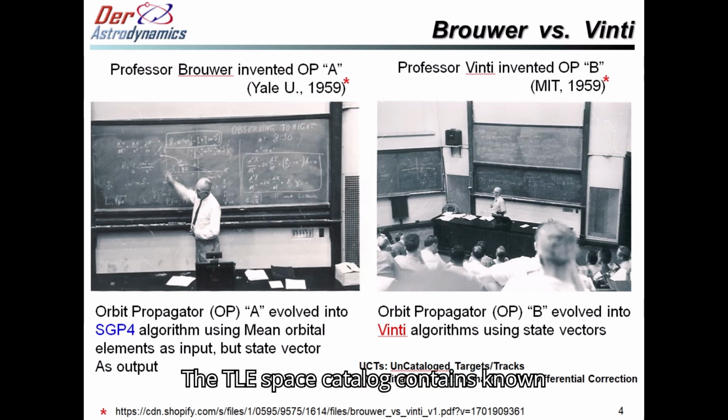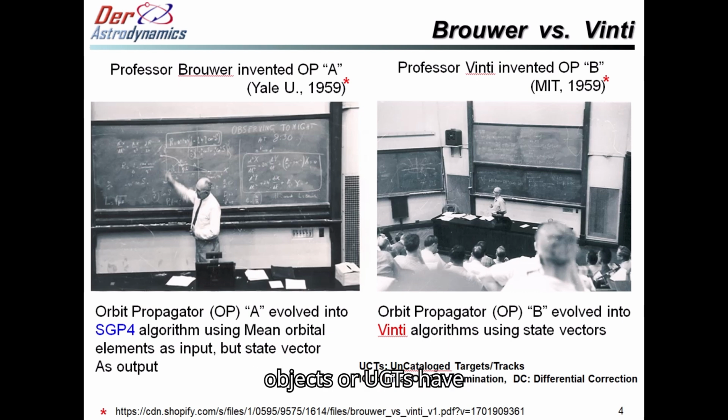The TLE space catalog contains known objects with mean orbital elements in the TLE. Therefore, the combination of TLE HB4 can only process known objects for catalog maintenance.